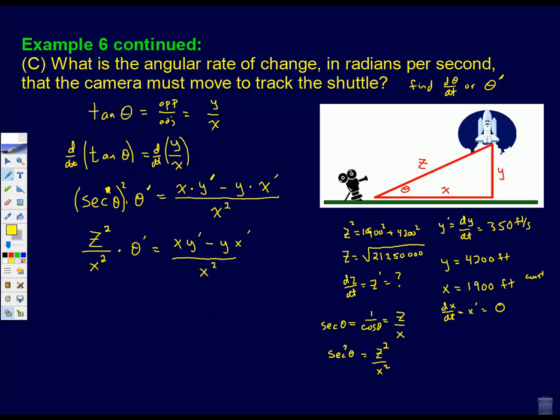I'm going to attempt to solve the equation right now for theta prime before I start putting all my numbers in. I happen to notice that I have x squared dividing on both sides already, so it would make things a lot simpler if I just multiplied both sides by x squared.